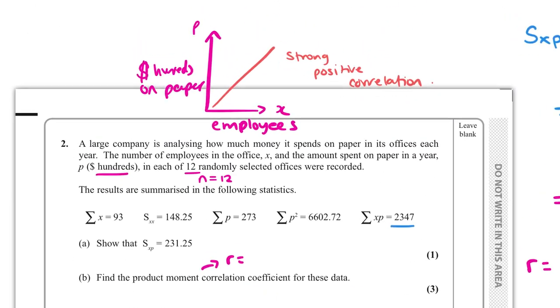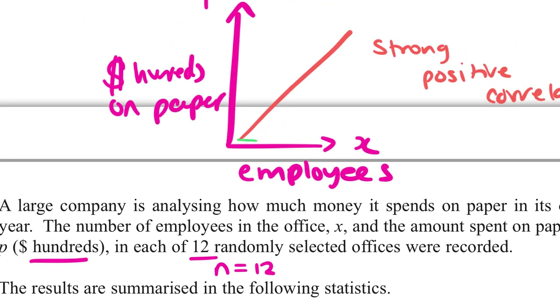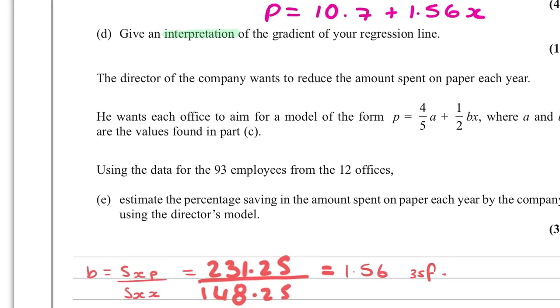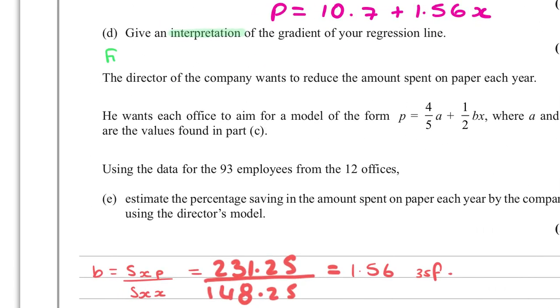So let's think about this in the context of our graph. If I say for every one across, what am I technically saying? Yes, for every one employee. So I'm going to write that down. Instead of saying for every one across, so for every one employee.